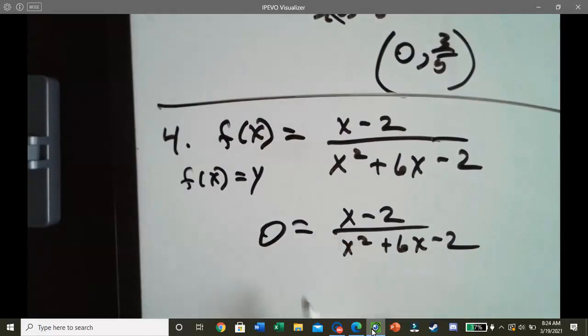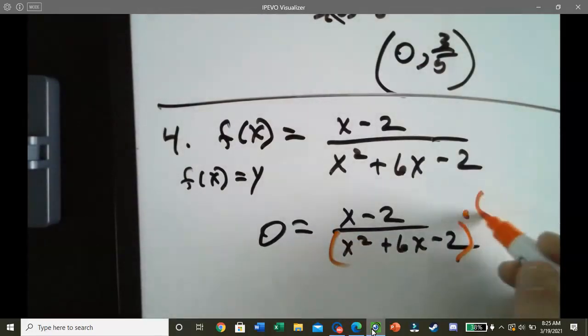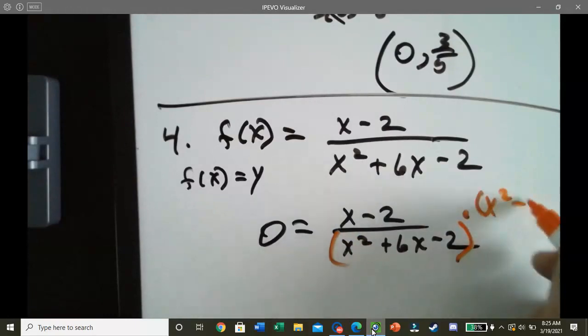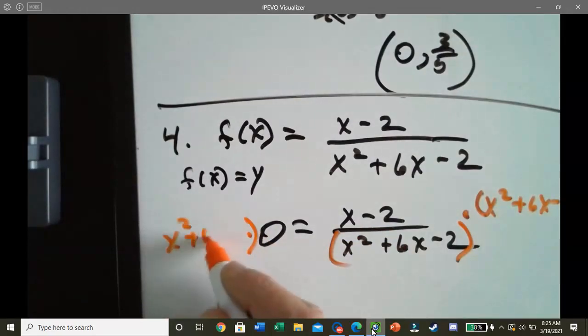Okay, what's the first thing we always do when we have a denominator and we're trying to solve? Multiply out the denominator, right? So we take this whole denominator here and we say times x squared plus 6x minus 2, times x squared plus 6x minus 2.